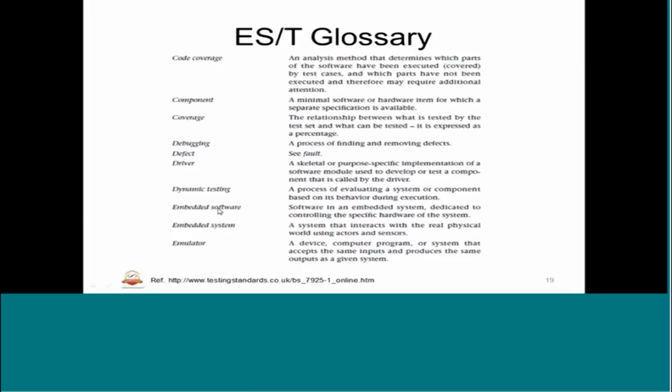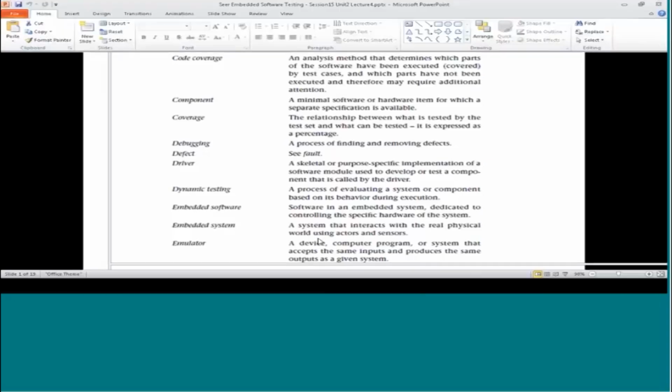An embedded system has both hardware as well as software, because software needs to work with the hardware. Then we know what an emulator is. It accepts the inputs for the system and produces the outputs of the system. So that is the continuation of the last class.